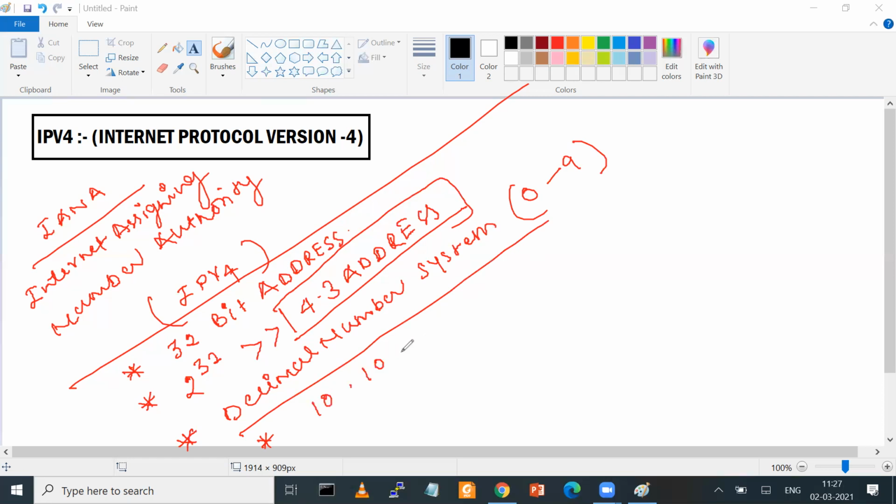IPv4 address looks like this. 10.10.10.10 मैंने ऐसे लिख दिया. So this is an example of an IPv4 address. This first 10 we call the first octet number.